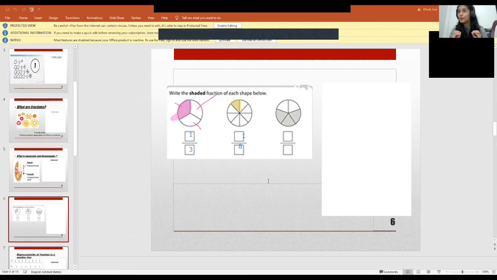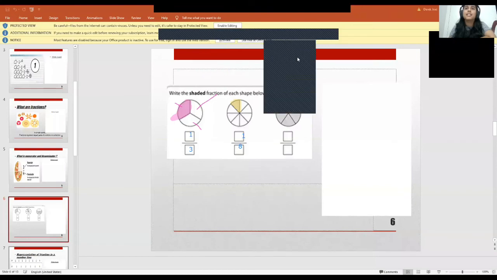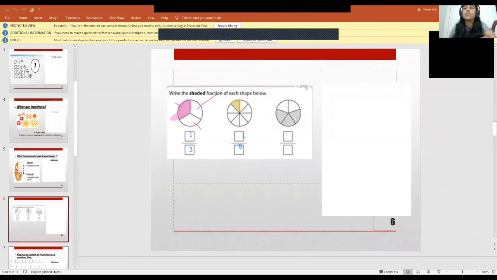I hope you've understood by now. So let's do the last one before we go to a new subtopic. Let's take green. Here there are more than one shaded parts.